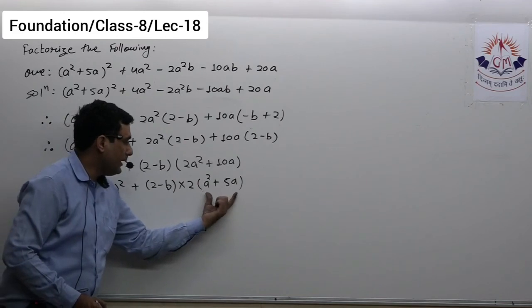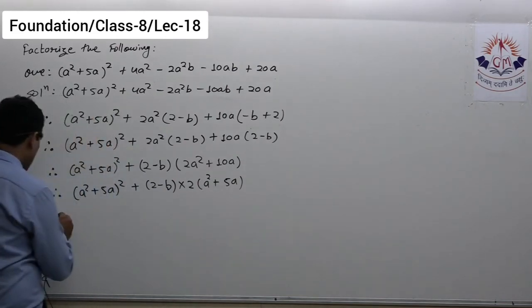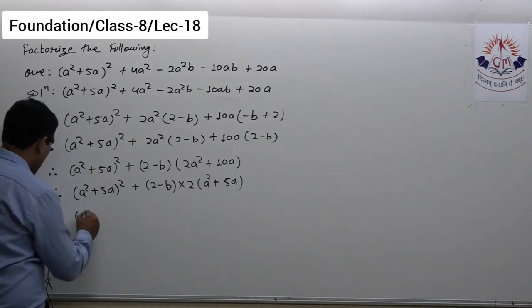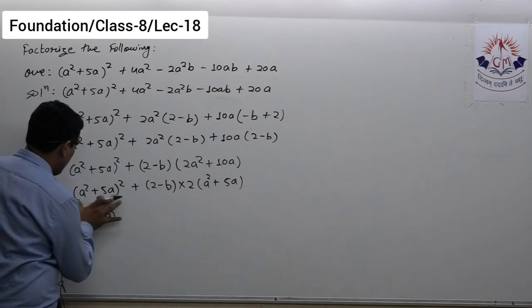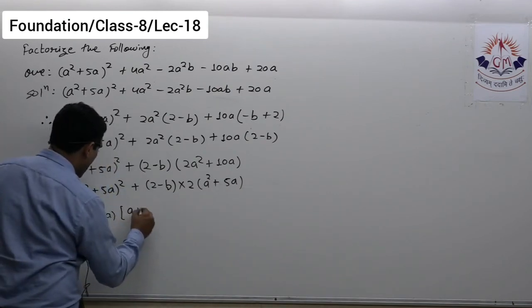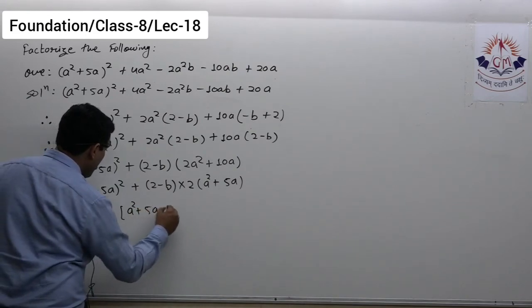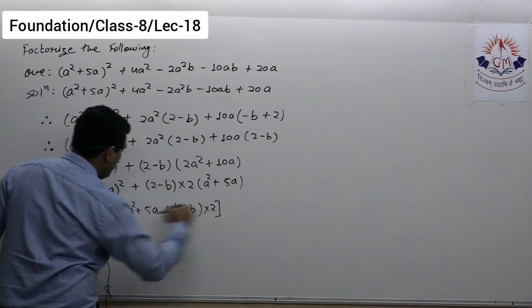Now we can see a square plus 5a is in both the terms. So if I take a square plus 5a common from the first term and from the second term, I will be left with a square plus 5a plus 2 minus b multiplied by 2.